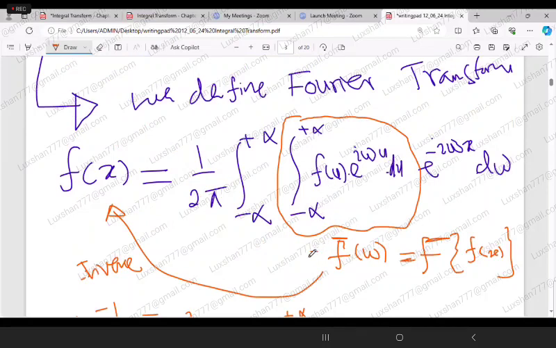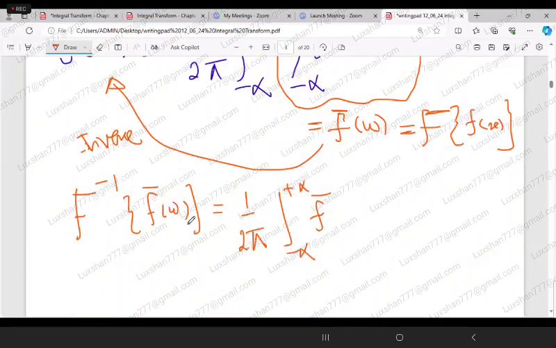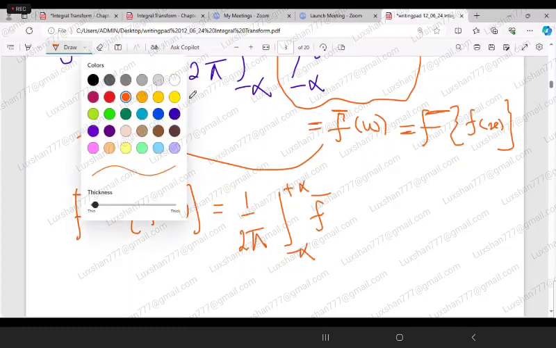This part is equal to f bar. So I'm putting that one because I want f(x).